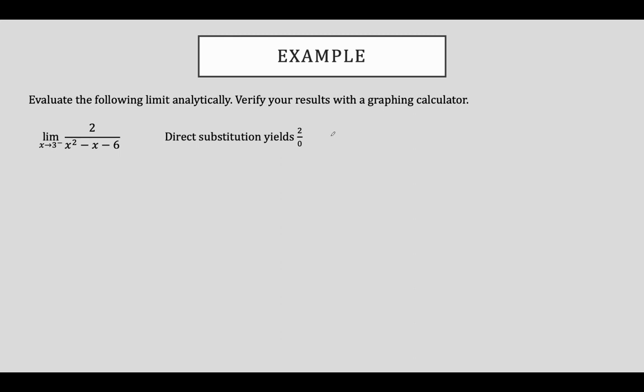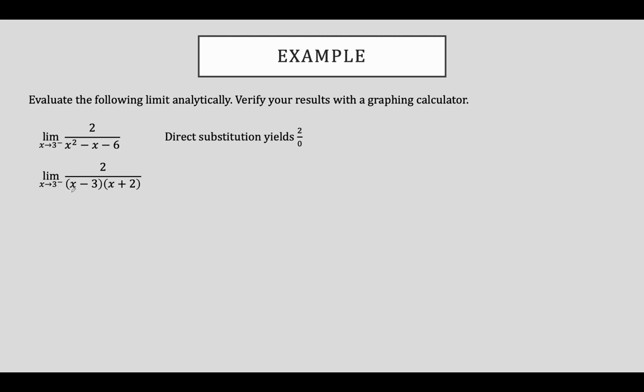The next step is to factor the denominator. In this case, our denominator factors into x minus 3 times x plus 2. Now we can think about our direct substitution in the factored form. Notice, we are approaching 3 from the left.